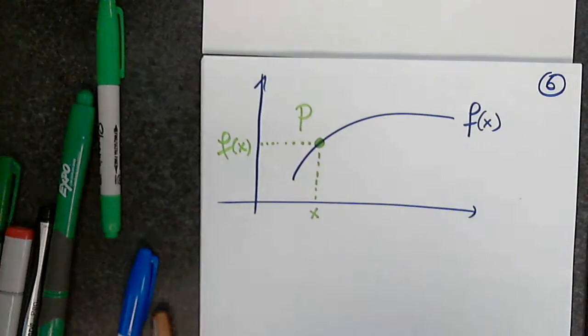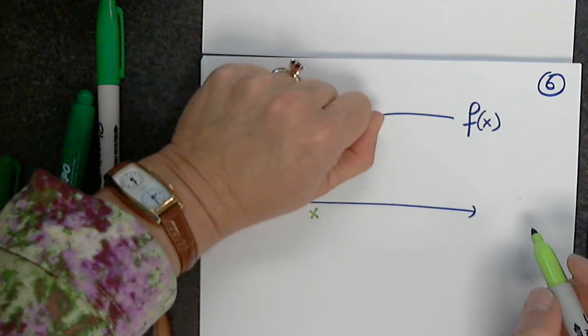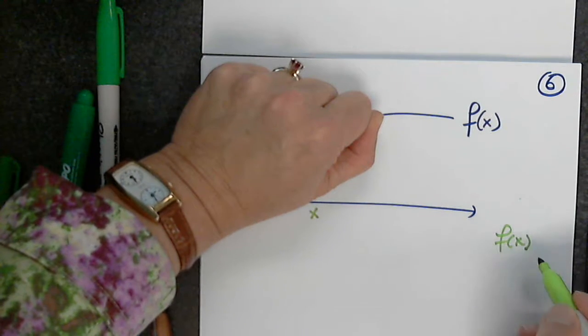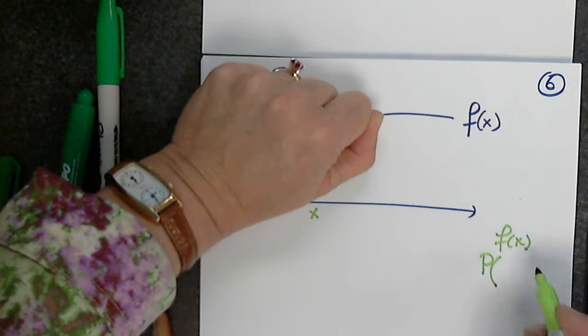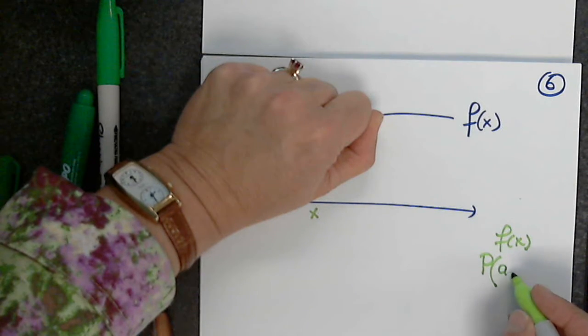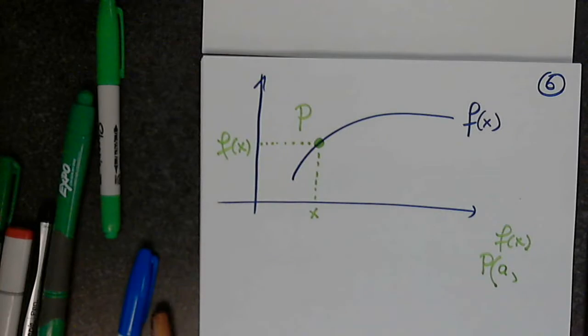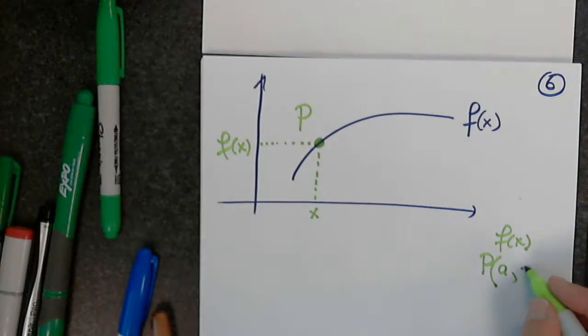So now, for a moment, if I say to you, I have a function f of x, and a point with x-coordinate a, can you please give me the y-coordinate of this point? It's f of a. Very good.